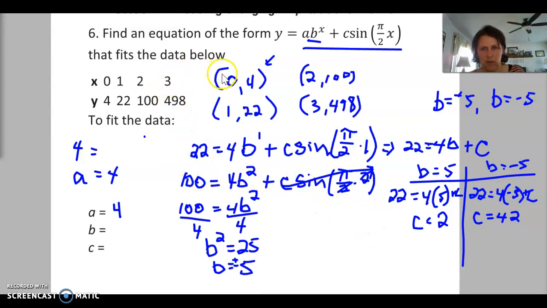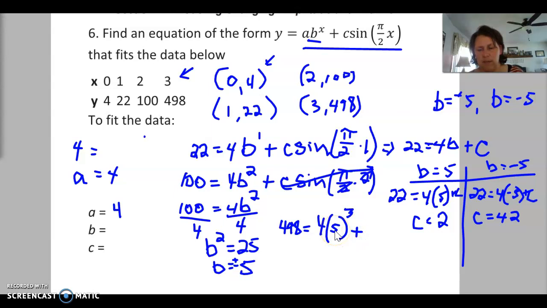With x equals 3, then y should equal 498. So let's use that information. We have 498 should be y equals a, which we found as being 4, times b, let's first test b being positive 5, to the x, which is 3 because we're testing this point right here, plus c.